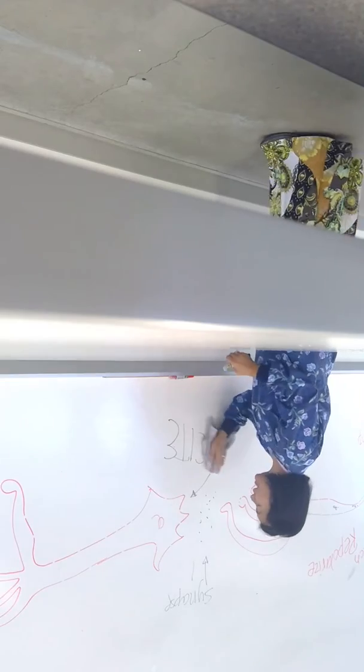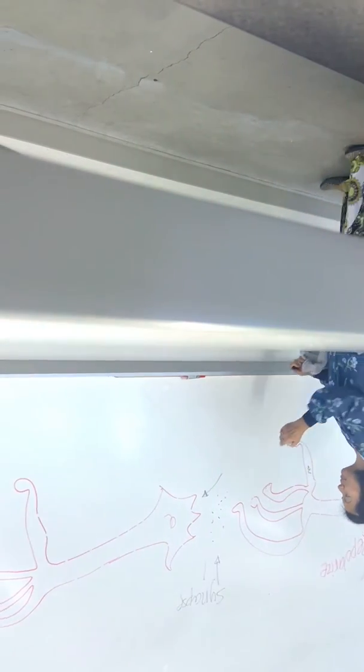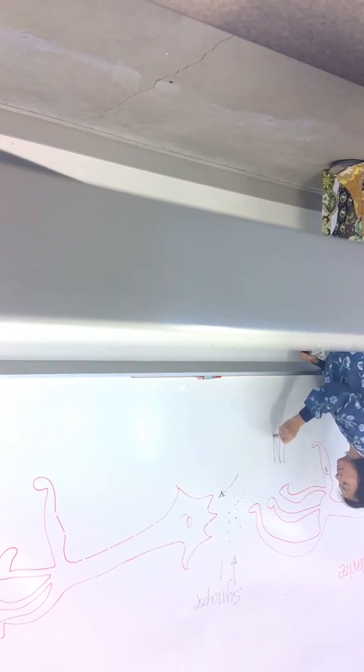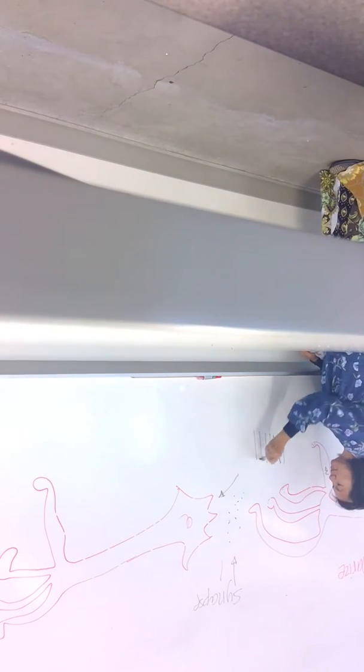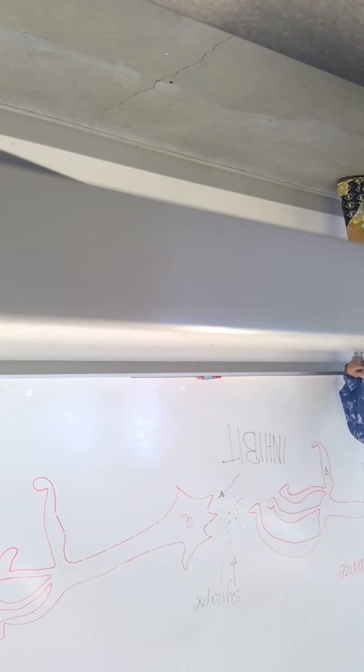Okay, what if the neurotransmitter was an inhibitory neurotransmitter? Let's look at what will happen. If the neurotransmitter that's released was an inhibitory neurotransmitter, for example, Botox, it's inhibitory, right?